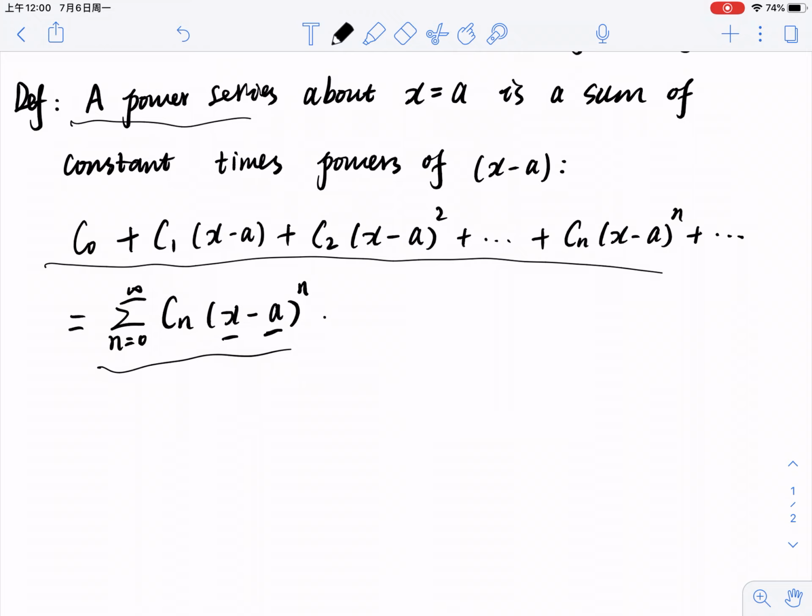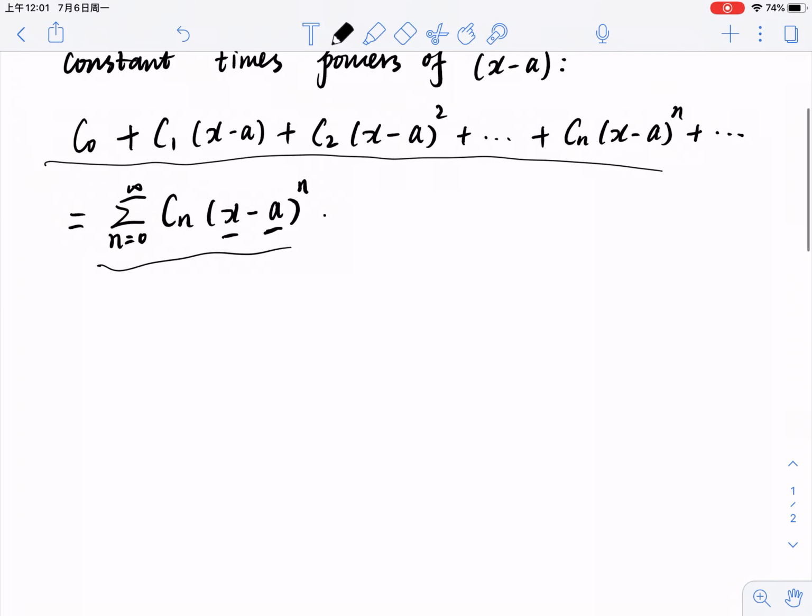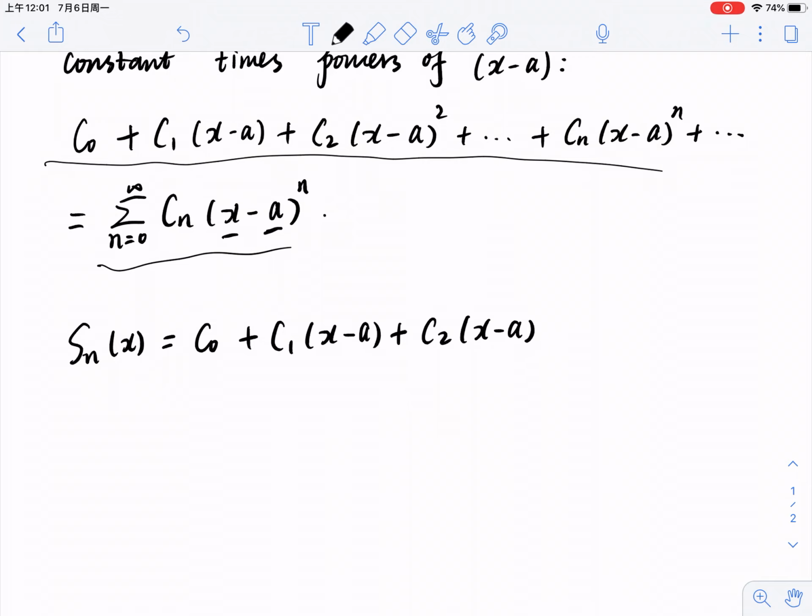To illustrate the convergence of a power series, we also consider the partial sums. In this case, the partial sum sn(x) is c0 plus c1(x minus a), plus c2(x minus a)^2, up to plus cn(x minus a)^n.